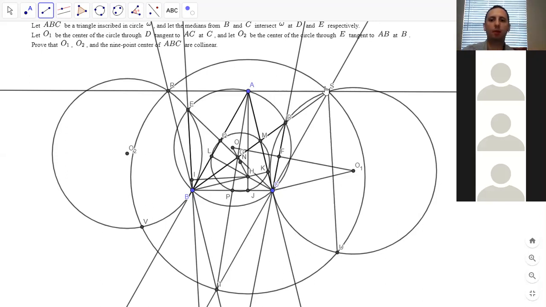So we want to show SU is parallel to BE. So angle DSU.